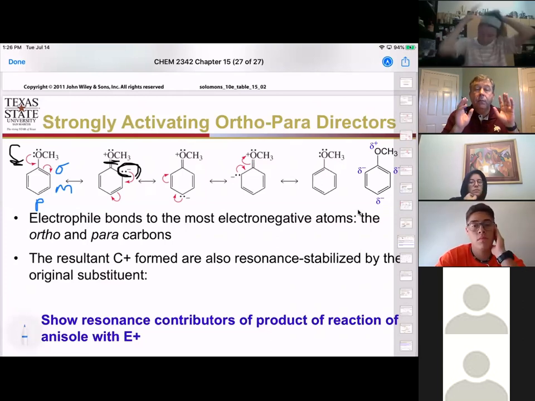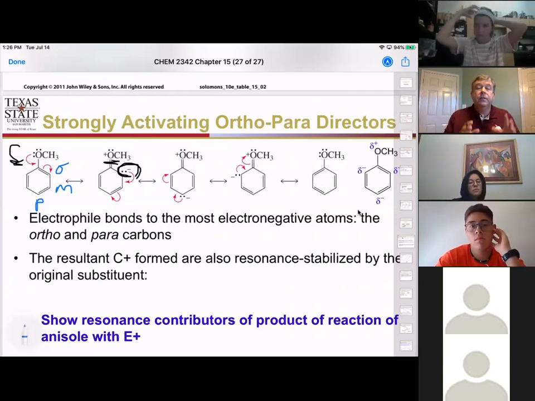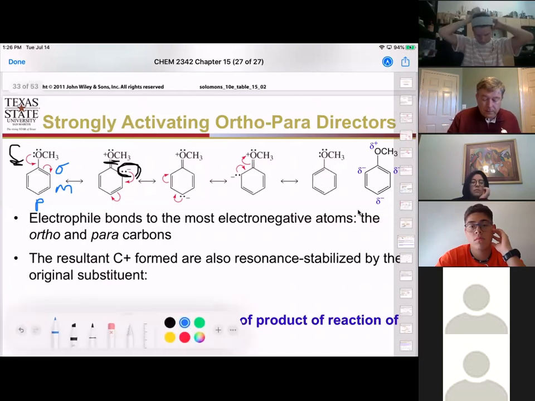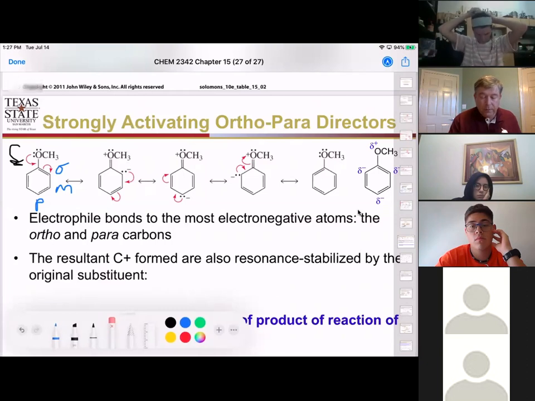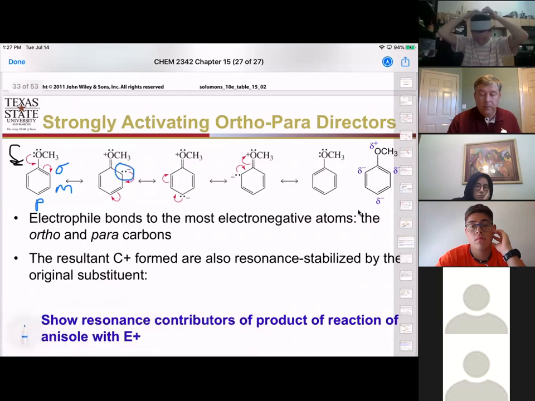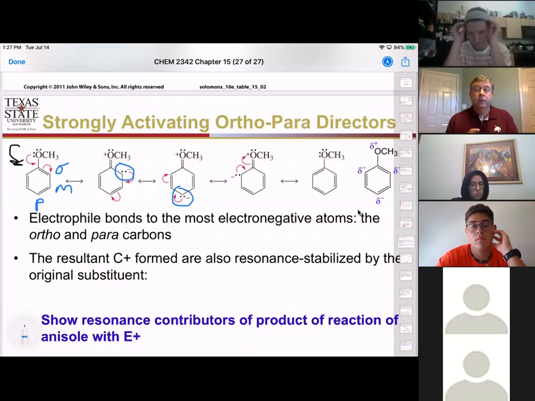And we said that this resonance donation gives us ortho-para direction, okay? Let's look at our resonance contributors here. In the first one, we have our negative charge on our ortho position. In the next contributor, we have a negative charge on our para position. And in this one, we have it on our other ortho position. And then it goes back to its neutral resonance contributor, okay?